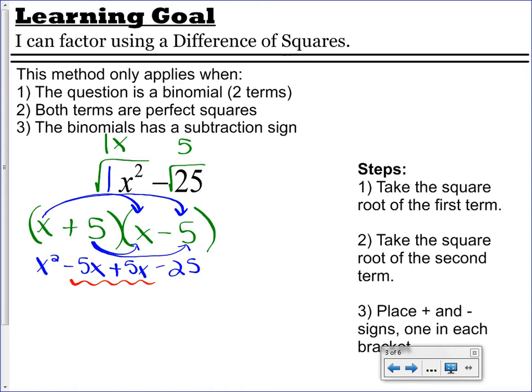I can collect these like terms here, so I'm left with x squared, negative 5x plus 5x, that cancels out, so I'm left with just minus 25. Okay, so if you can remember this trick, it's pretty quick to actually do. Does anyone have any questions about it?